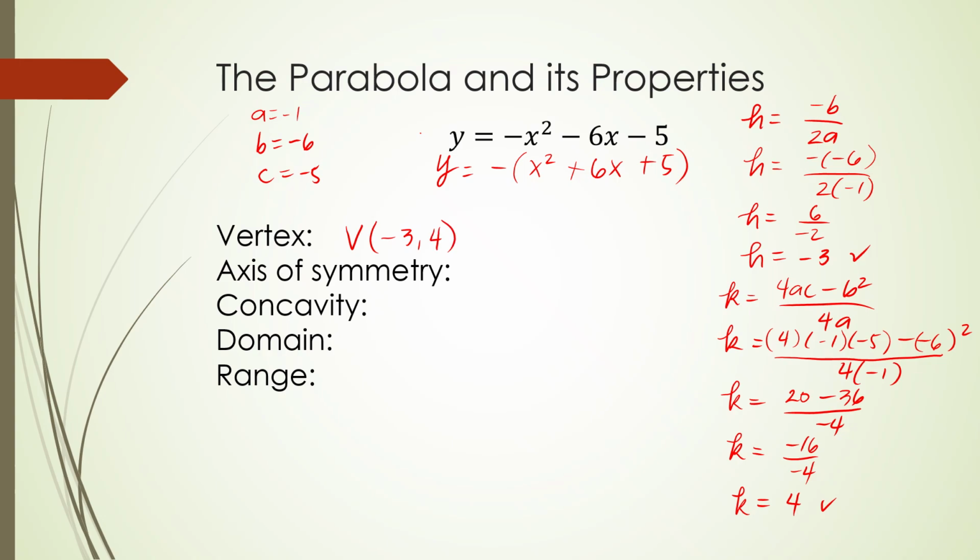How about the axis of symmetry? Remember that the axis of symmetry starts first with the value of x and then equals. So the axis of symmetry will be x is equal to the value of h, which is -3. How about the concavity? Remember, the sign of a is negative. Therefore, the concavity will be opens downward.